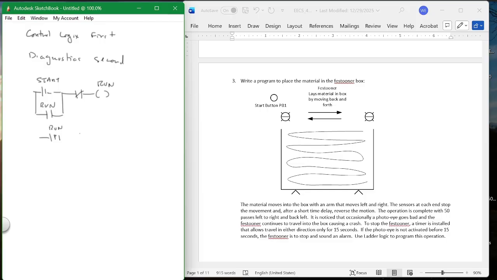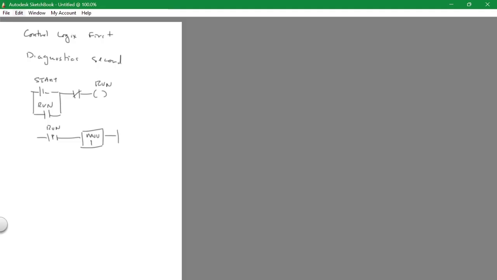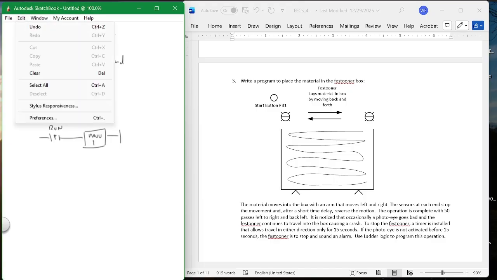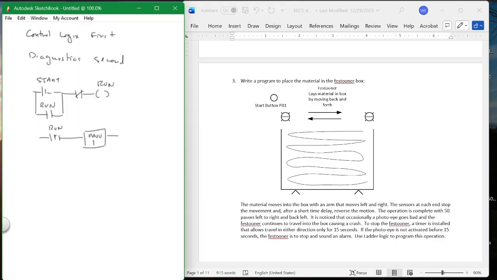If you're using a counter, you would say go to 1. Move a 1 into a word called count.